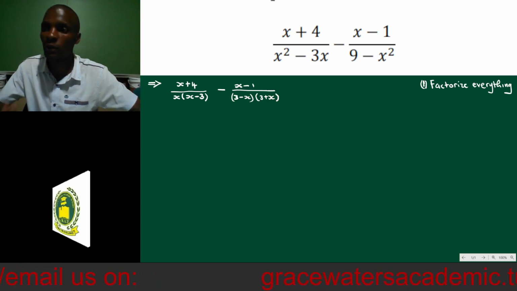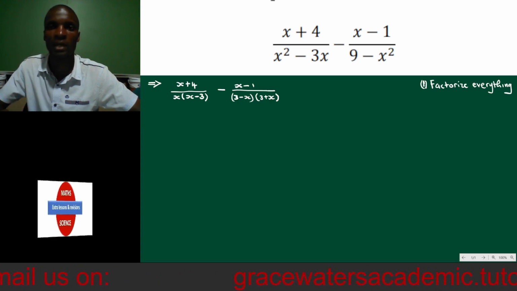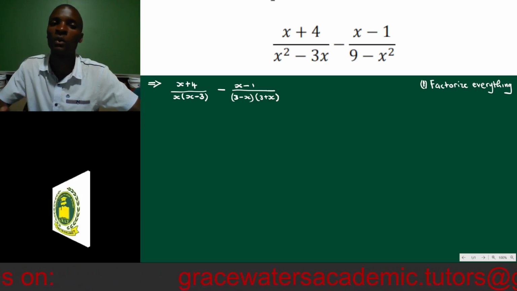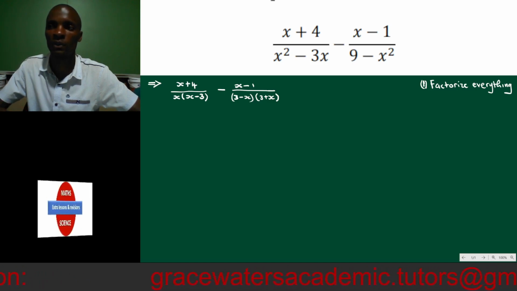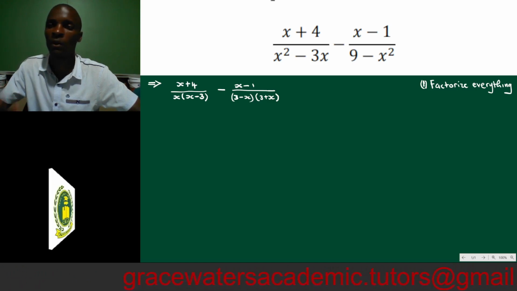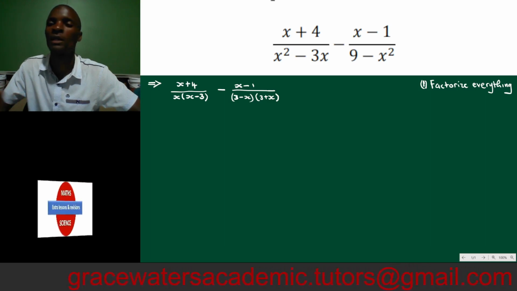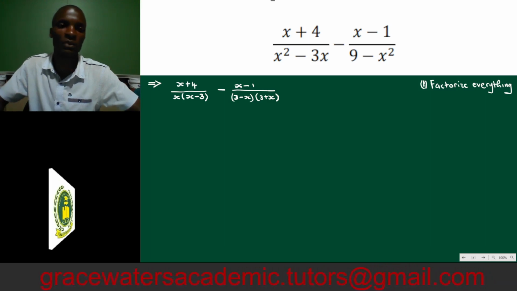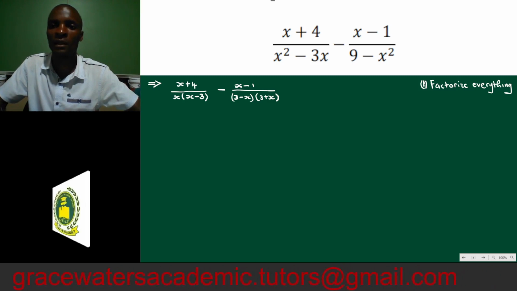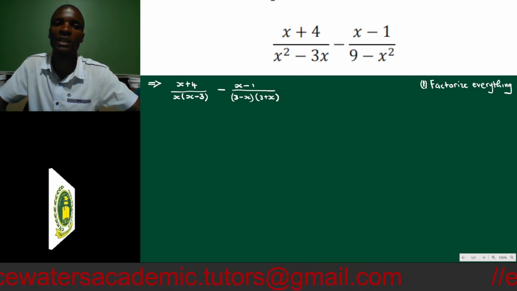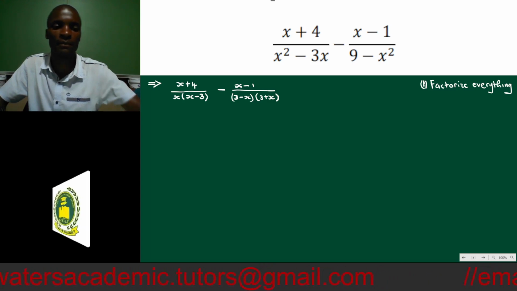If you have got questions with this part, I advise you guys before approaching algebraic fractions to go and do a topic called factorization so that you can know all the 4 or 5 types of factorization that we have. Then you approach this one. But if you have done factorization thoroughly, I believe and trust that this question has been done simply.